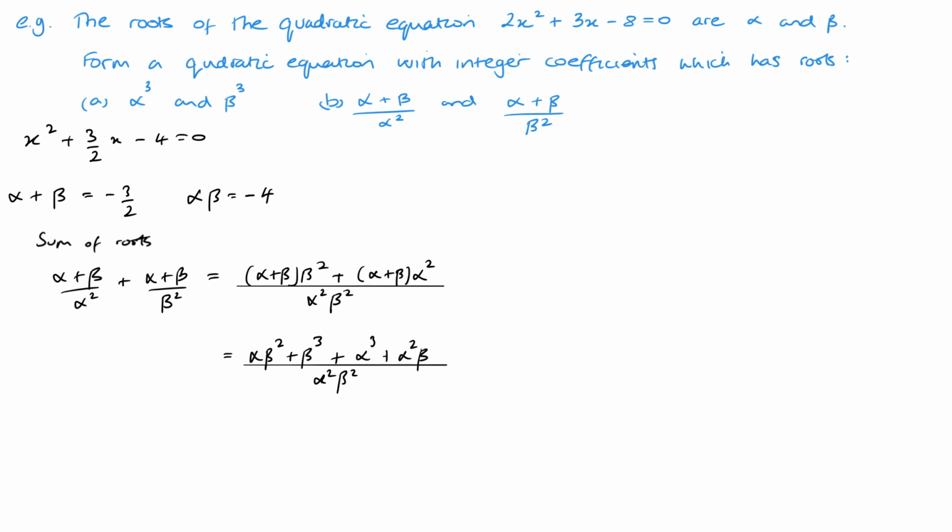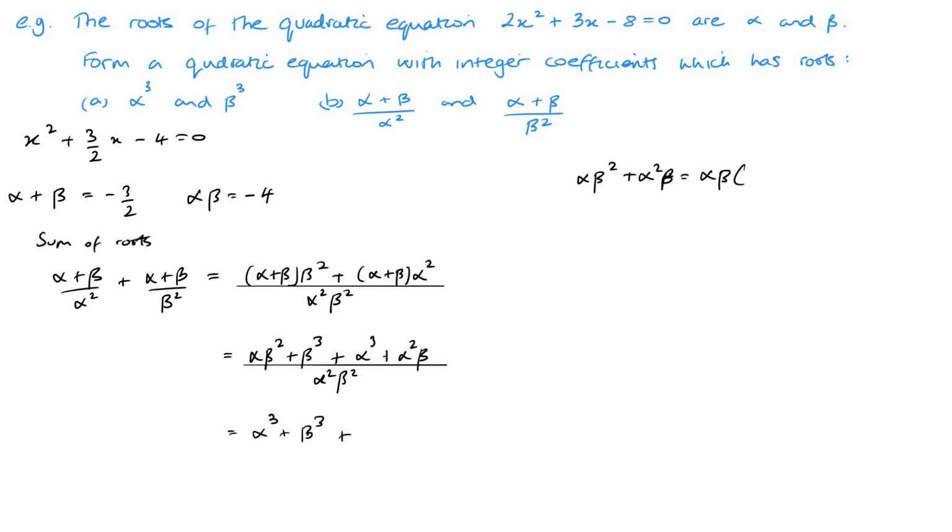So let's do this in two parts. I'm just going to rearrange first the alpha cubed plus beta cubed, and then with these two, alpha beta squared plus alpha squared beta, I could factorize out alpha and beta from each.